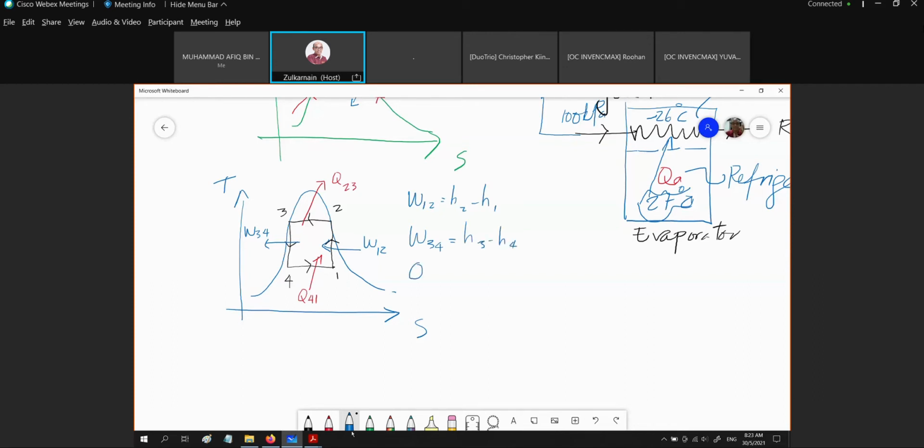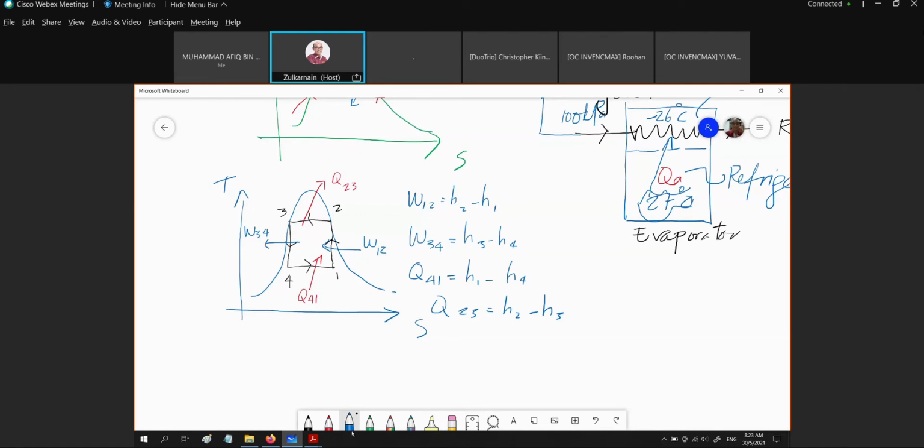Q41 is equal to H1 minus H4, and Q23 is equal to H2 minus H3. So this is all the enthalpy change in order to get the work and the heat.